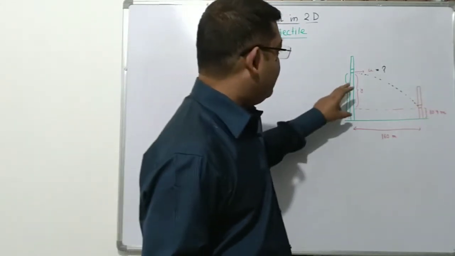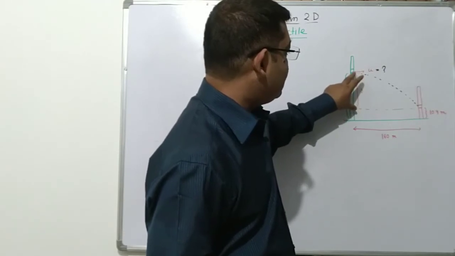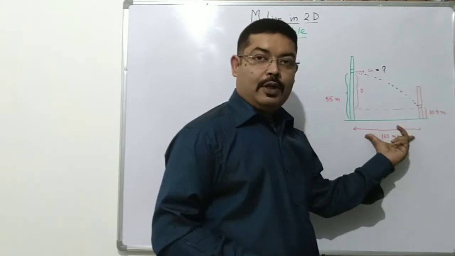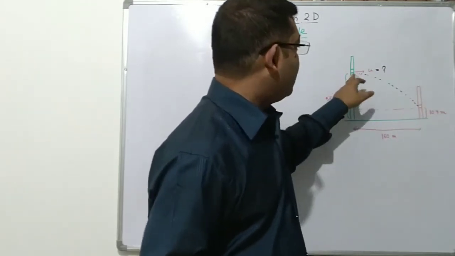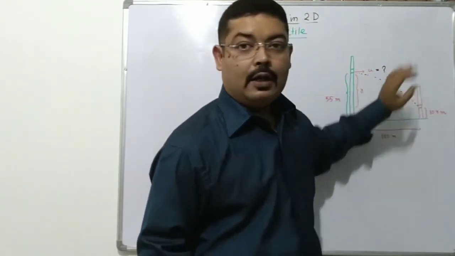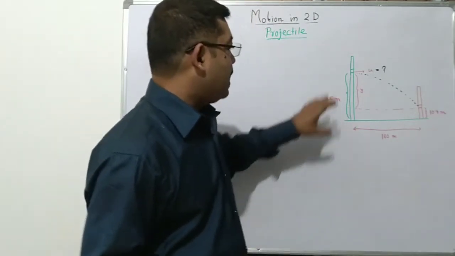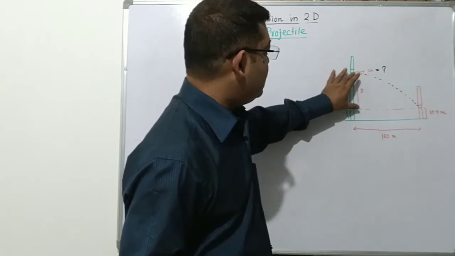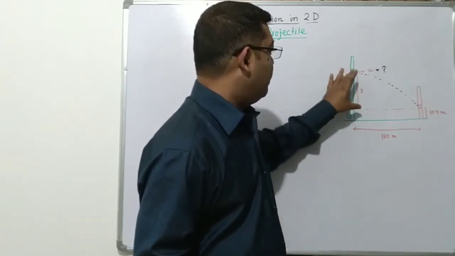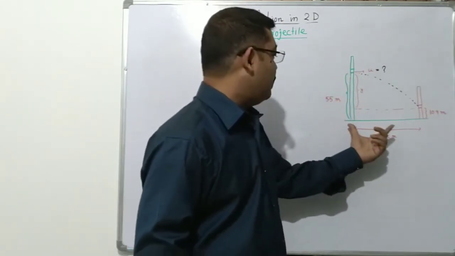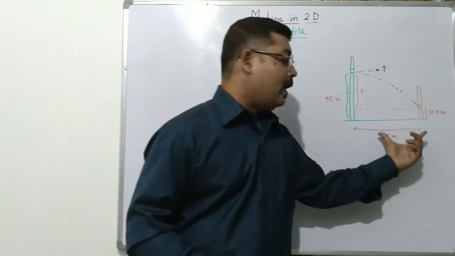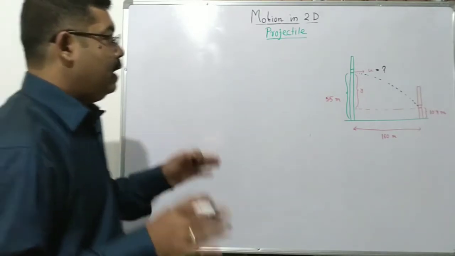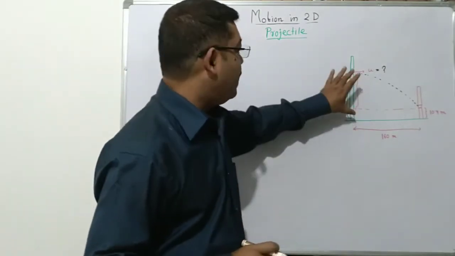And if the time taken for traveling this distance is longer than the time taken to travel through 180 meters between the two buildings, then the object would have hit the building at a point higher than the window. So we need to find the time such that by the time it travels this distance, it would have traveled 180 meters in the horizontal direction.